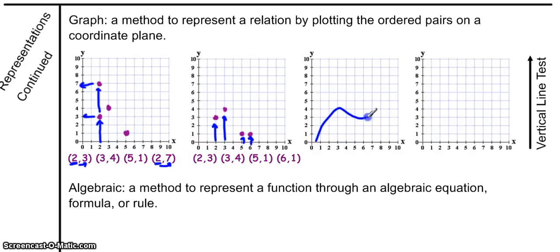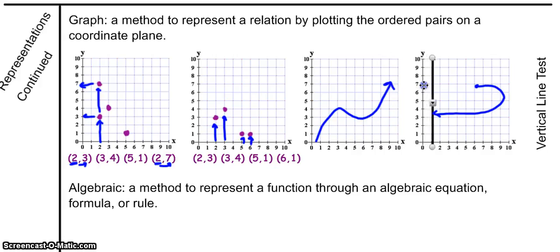For example, if I had a graph such as this, and perhaps a graph such as this right here, which one is a function? Well, using the vertical line test, we can see that the first graph passes at all points. As I drag my vertical line across, the vertical line is only hitting the graph in 1 point at a time.